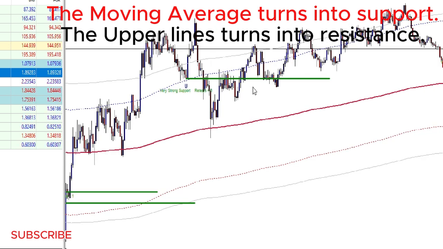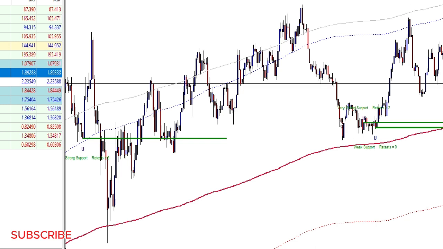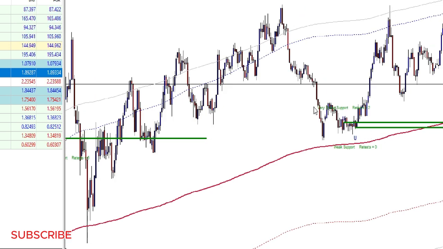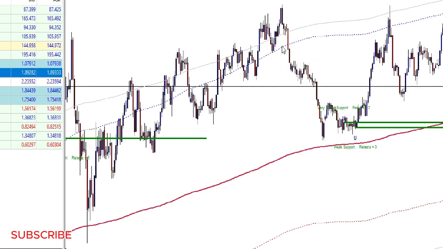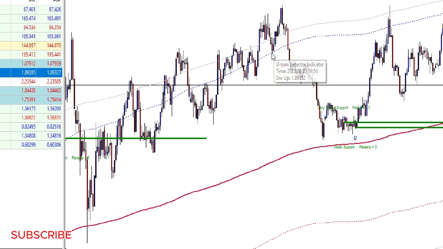It is literally at this level here, and you can see the price has been respecting this level as resistance, and then it fell to this support zone here. So sometimes the price will be using these lines as support as well to get support and move back up. As you can see, as soon as it hit this dotted blue line, the price went up.